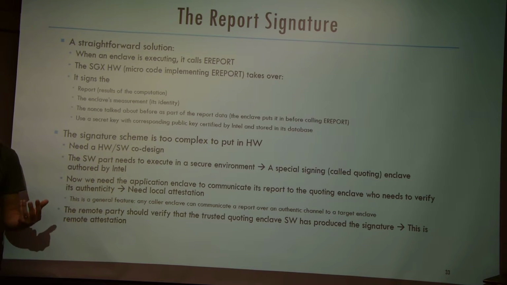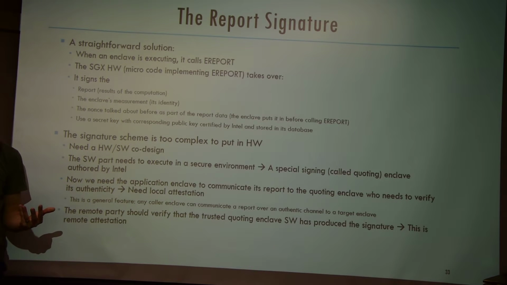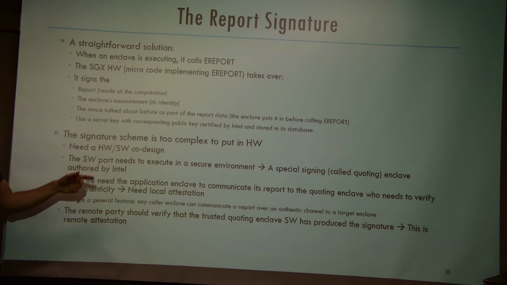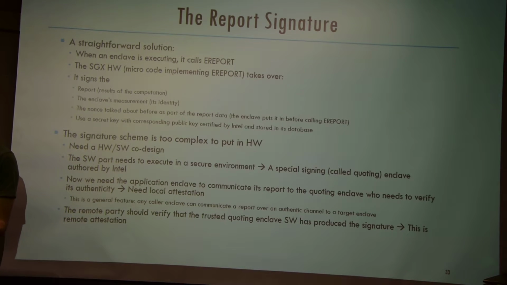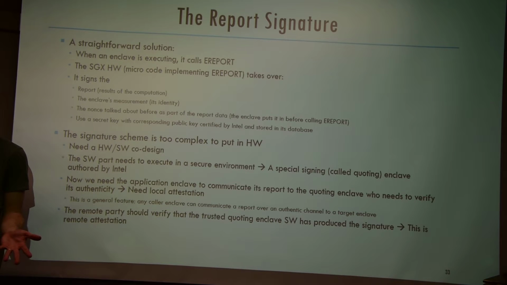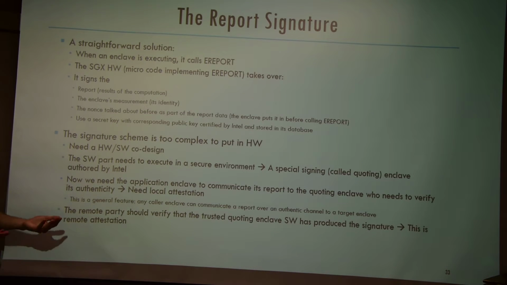You don't write dedicated hardware for this, so you want to do it in software. Now the software part needs to be executed in a secure environment to begin with. What do we do? Let's create a special signing, or what we call a quoting enclave, authored by Intel and executed in an SGX enclave. That's cool.